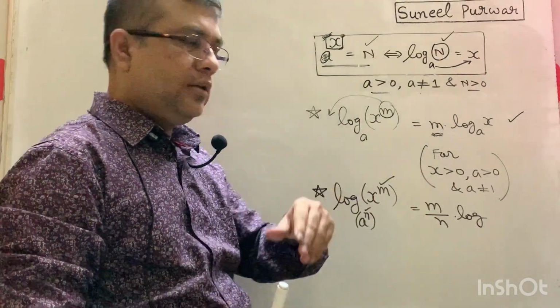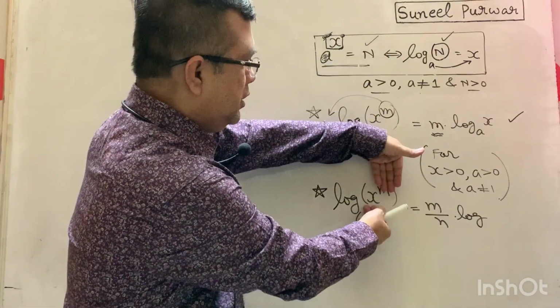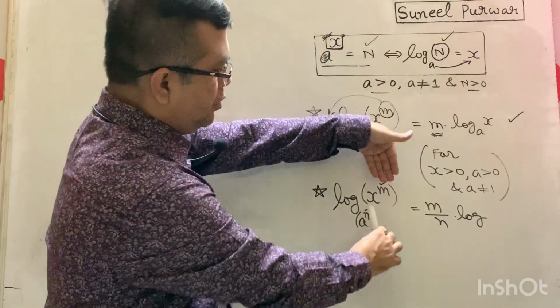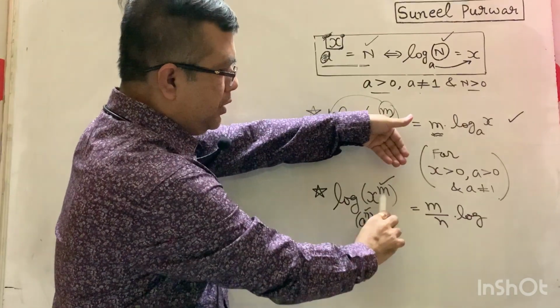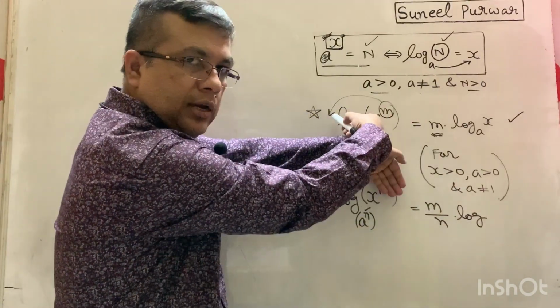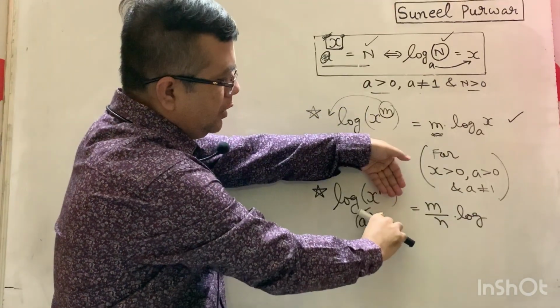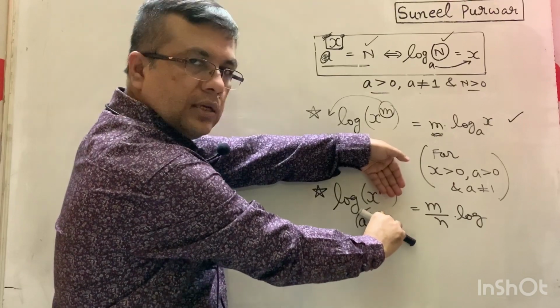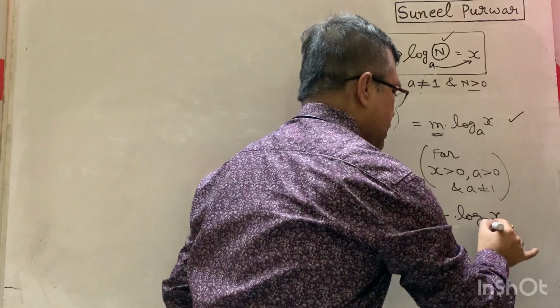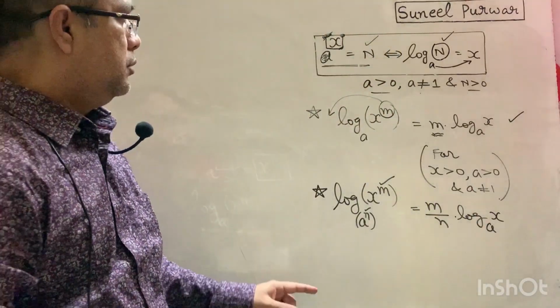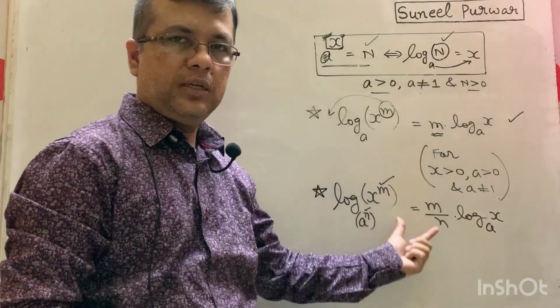You just visualize that these exponents have flown out. So what you see is log of x to the base a. Once these exponents have flown outside, like I told you in the previous property, you see log of x to the base a. So into log of x to the base a. In a similar way, you can prove this result as well.